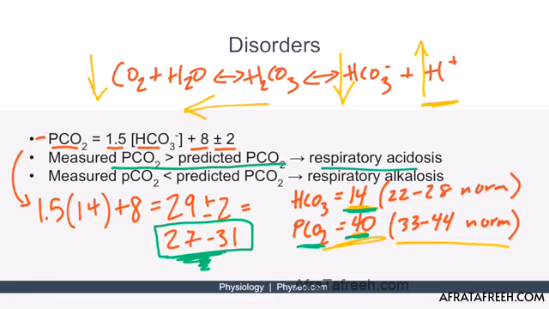If the measured partial pressure of carbon dioxide is less than the predicted partial pressure of carbon dioxide, then there's a concomitant respiratory alkalosis. If the measured partial pressure of carbon dioxide is within the predicted reference range, then the lungs are adequately responding and there's an isolated metabolic acidosis with no respiratory acid-base abnormality.